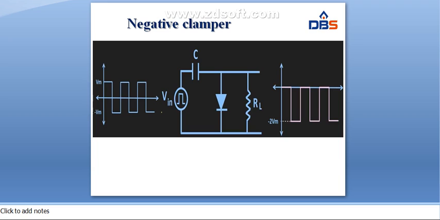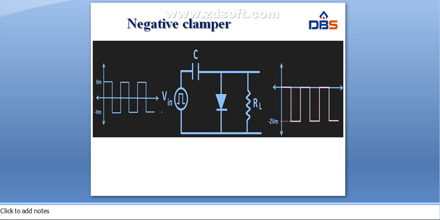Here the anode of the diode is connected to the capacitor, the positive terminal, and the cathode is connected to the ground.